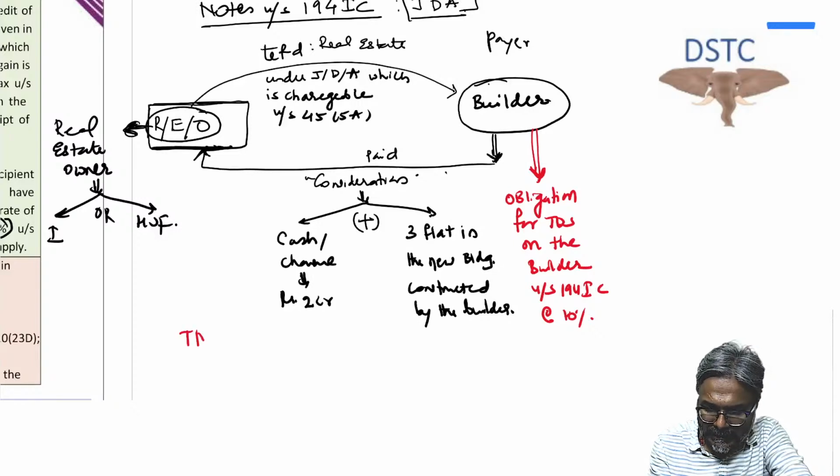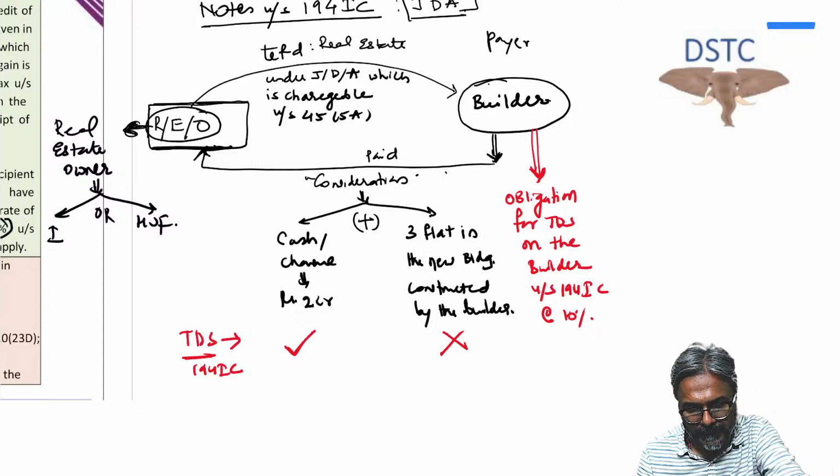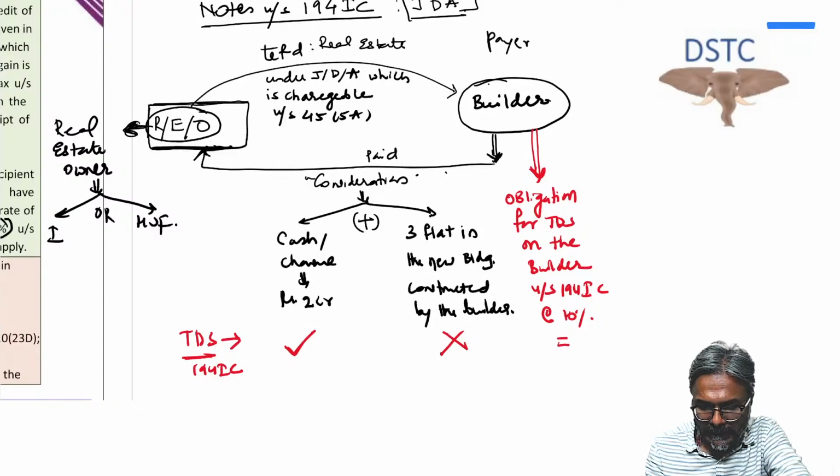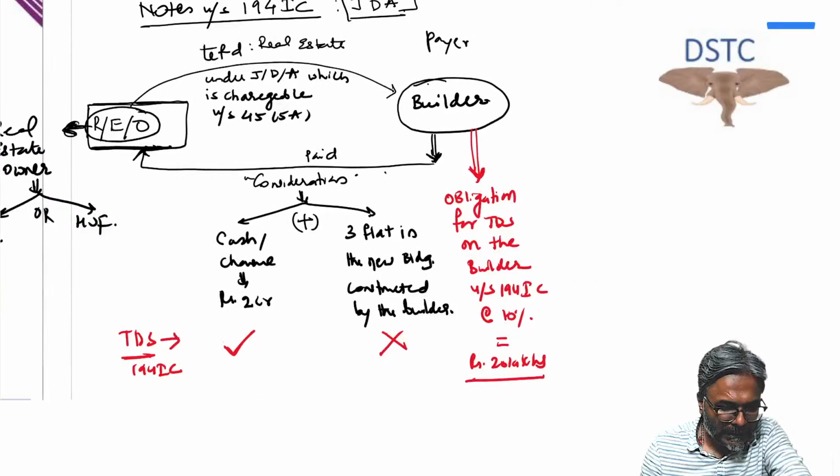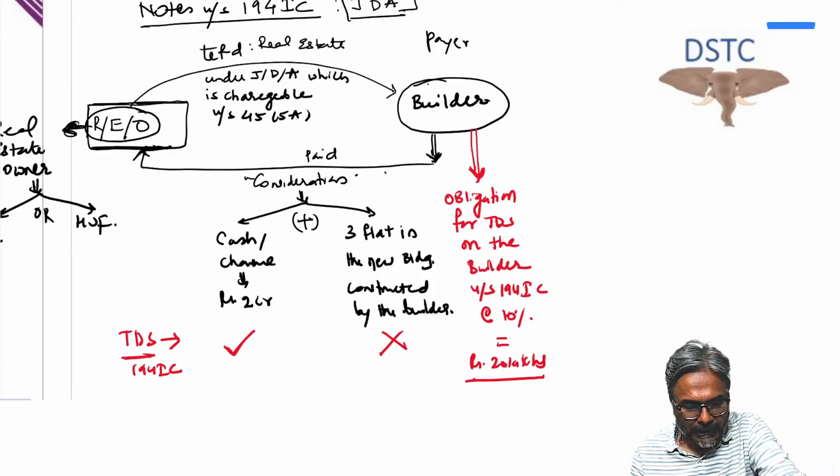Now TDS on which component? Under 194IC, it is only on this component and not on this component. Therefore TDS in this case would be how much? 20 lakhs, 10% of 2 crores.